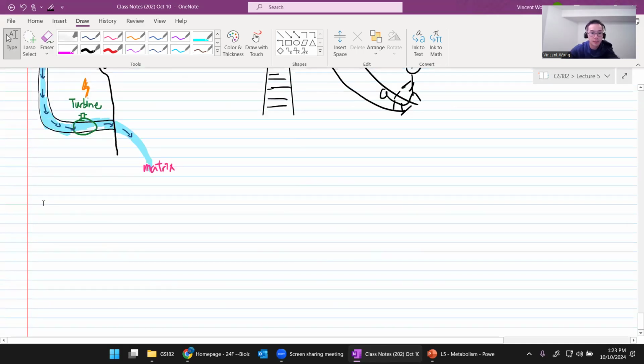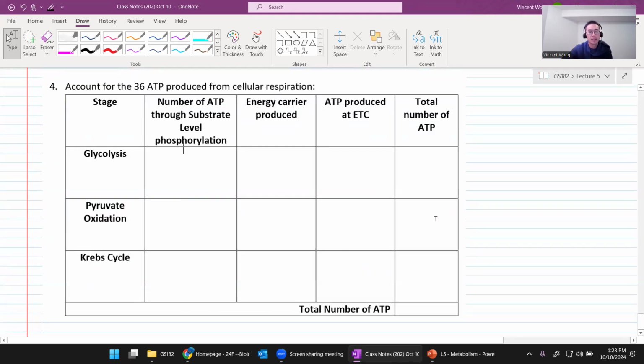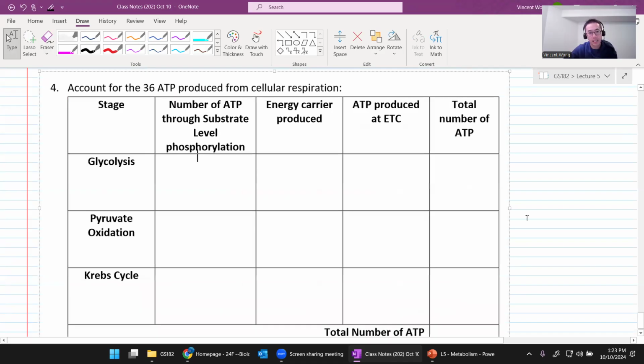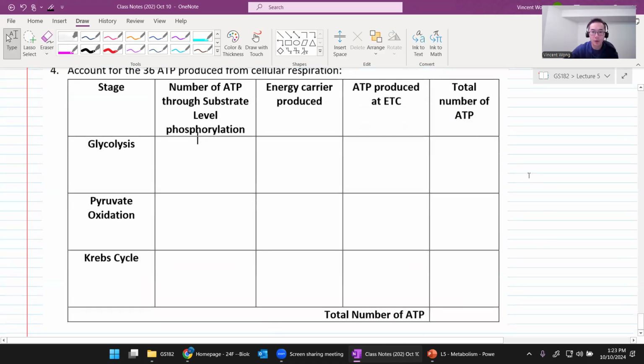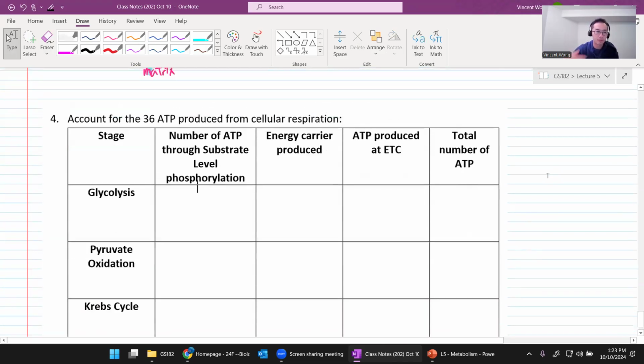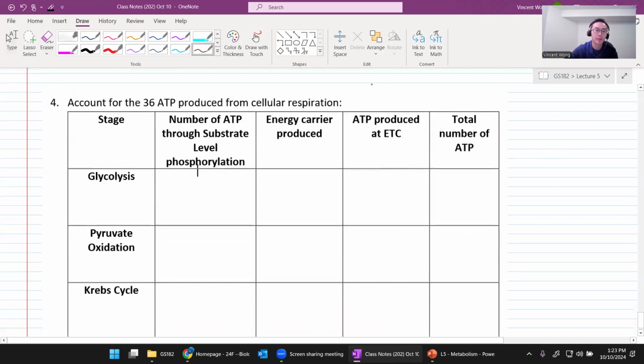All right, I'm going to put it right here. So if you have the study guide, please follow along. If you don't, just copy it down. It's not that difficult to reproduce this chart.